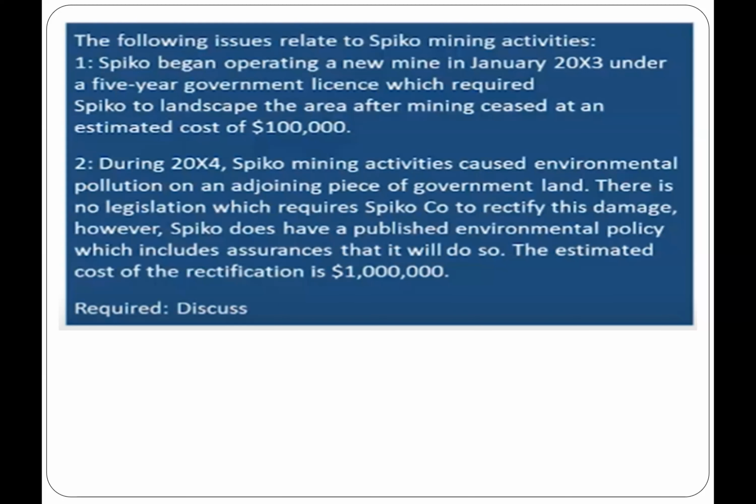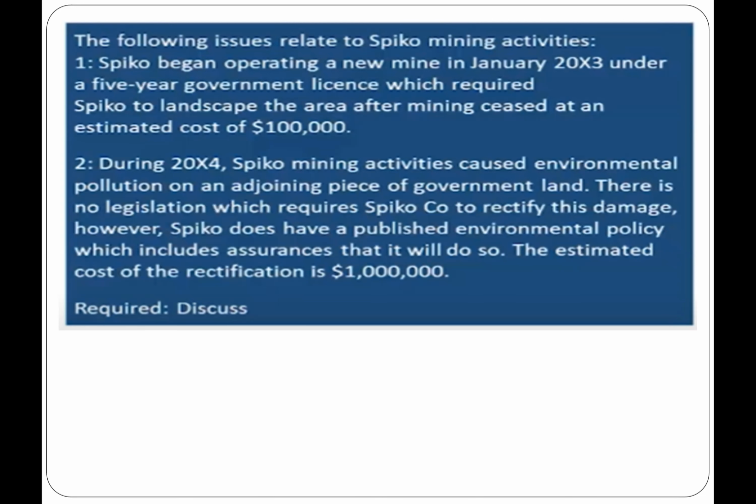However, our own published environmental policy includes assurance that we will do so, which means we have created an expectation that we are actually going to do so, or we have created a constructive obligation that binds us to say, if you have done it before, or if you have shown indications that you would do it, then you need to do it. So we've created a constructive obligation, right? So we have satisfied ourselves that an obligation is actually there.